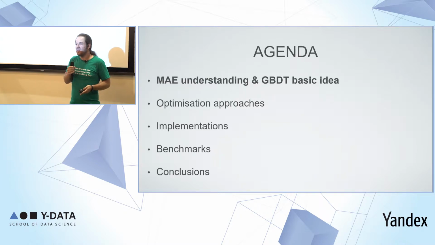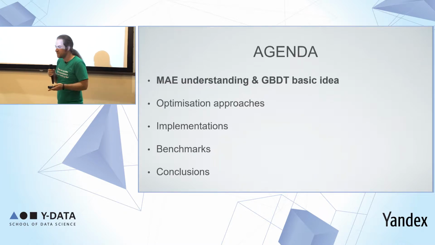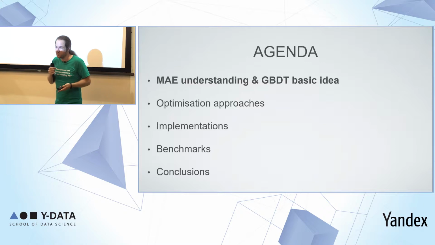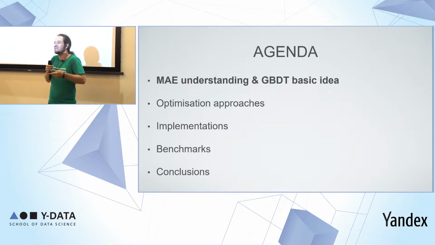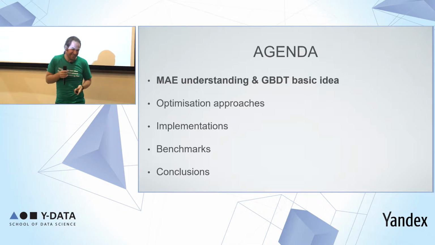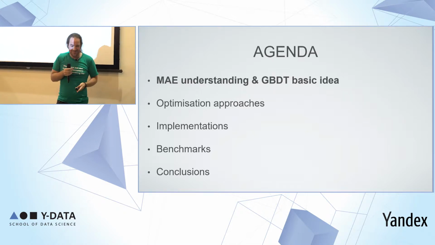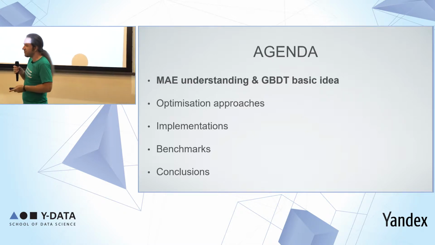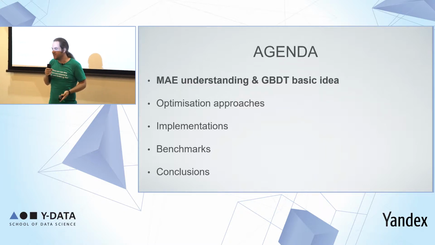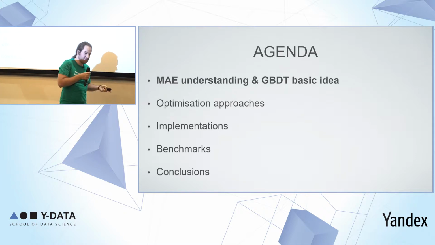So do you think that this part is important? Is there anyone who already knows a lot about gradient boosting decision trees and doesn't need covering anything about this? Okay, so it was a good idea.